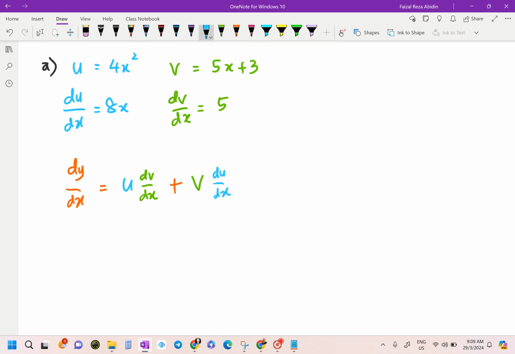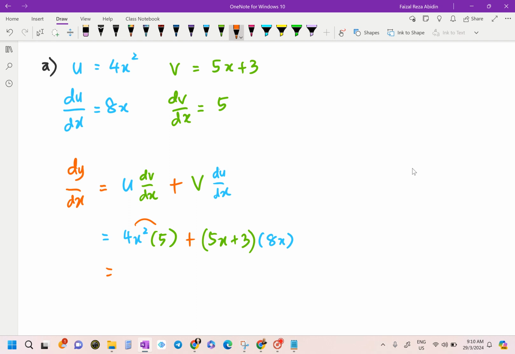U here is 4x squared, and then dv dx is 5, plus v, 5x plus 3, and then du dx is 8x, right? Okay, this one I'm going to times. Let's times everything. If I didn't put bracket, I'm afraid that you are going to times only 3. So we are going to expand.